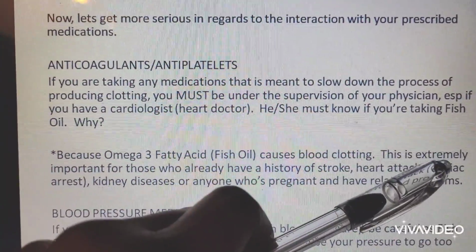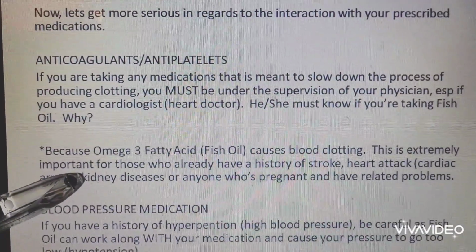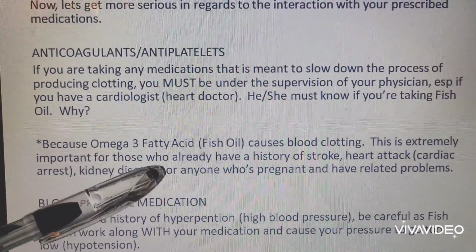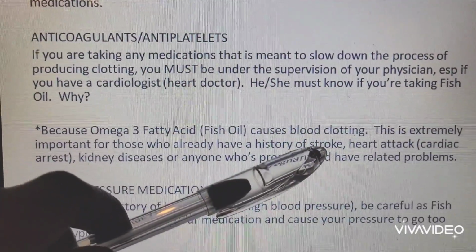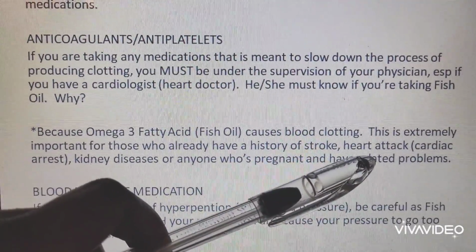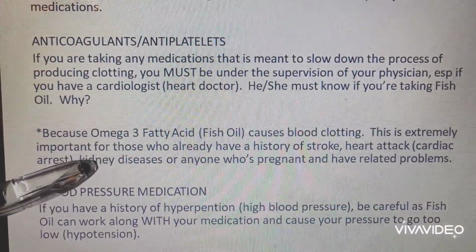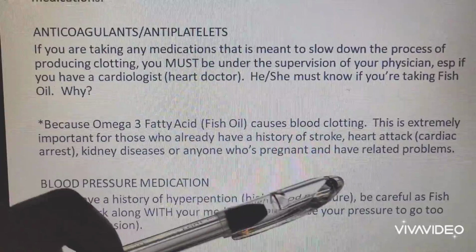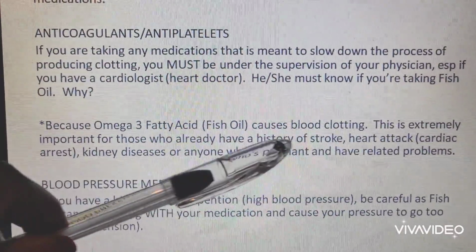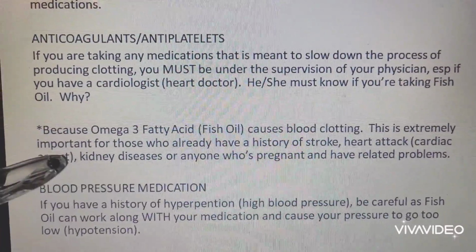This is extremely important for those who already have a history of stroke, heart attack, which is cardiac arrest, any kidney diseases, or anyone who's pregnant and have related problems. Okay, any of these related issues.